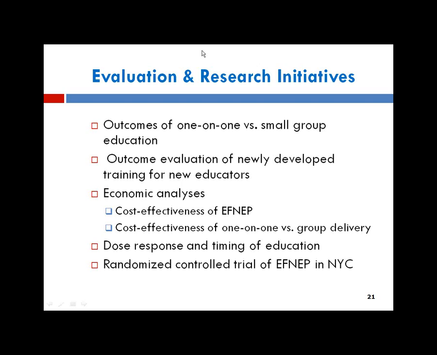You only spent an hour to an hour and a half with them instead of doing that 10 or 12 times. But when we looked at cost effectiveness, that's not really true. And so to me, that supports meeting people where they are. If they need to be met one-on-one, that's what we should do. If they need to be met in groups, that's what we should do.